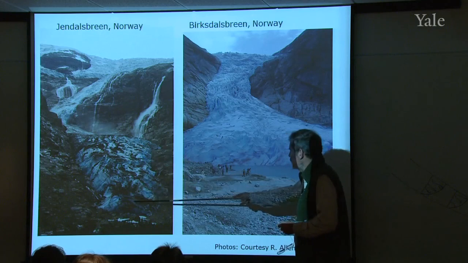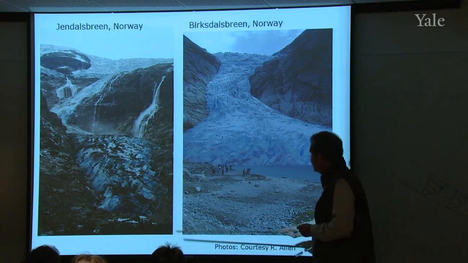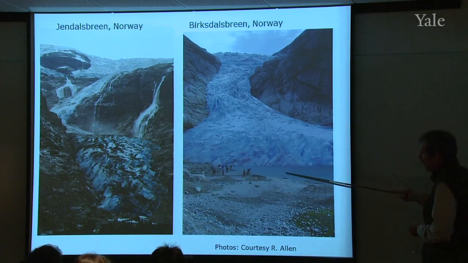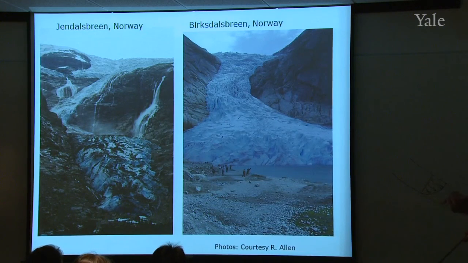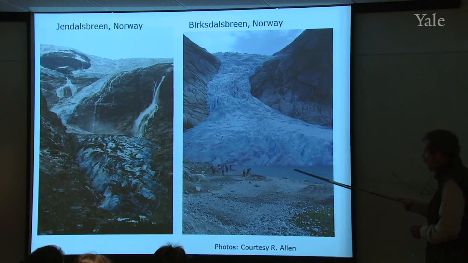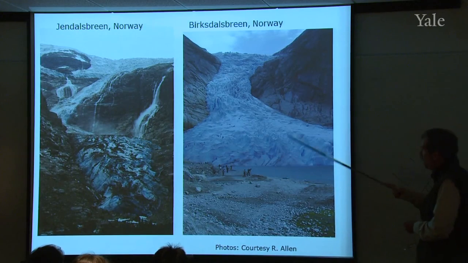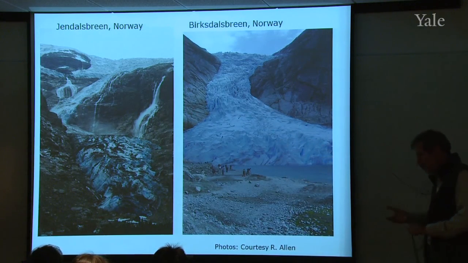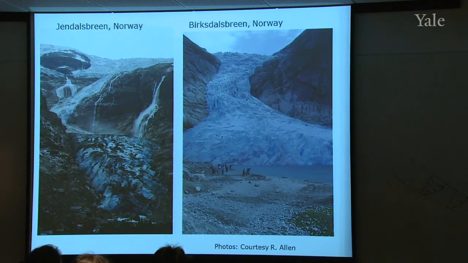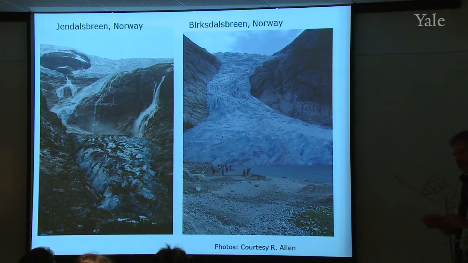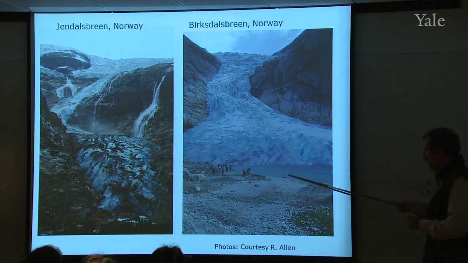But these are not tidewater glaciers. This is not the sea, this is a little lake at the bottom of the glacier, a freshwater lake. And it has that milky appearance to it because underneath the glacier, where there's a grinding process going on, you're developing a kind of powder from the grinding of rock, and that ends up in the water.